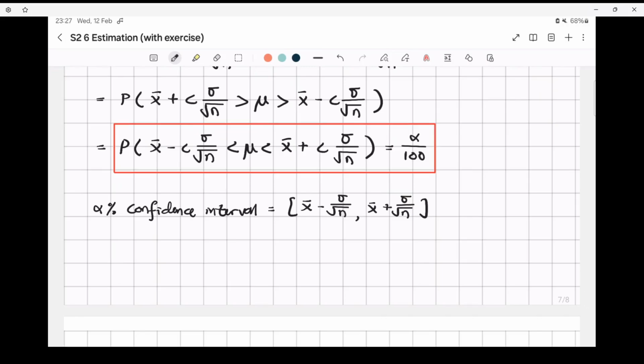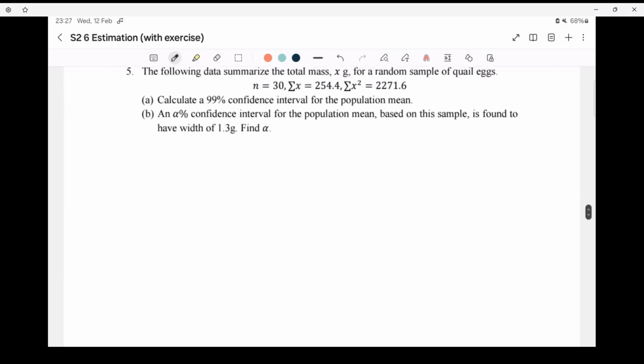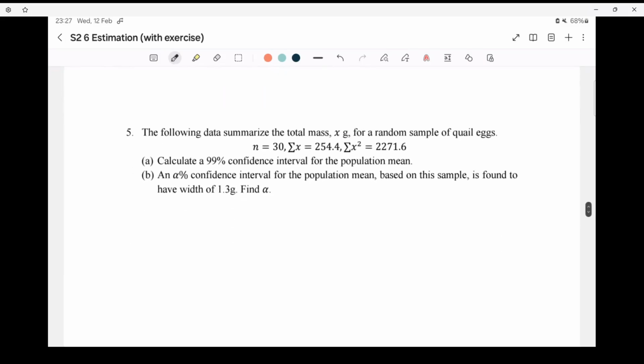So let's just go to the exercise. I've chosen two particular questions which require you to first calculate the confidence interval, and then if you are given the width of your confidence interval, how do you deduce back your percentage of your confidence interval?